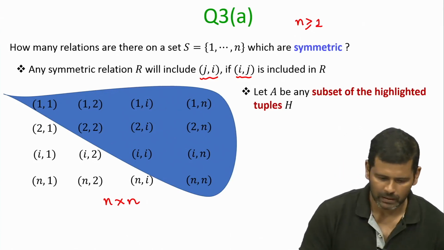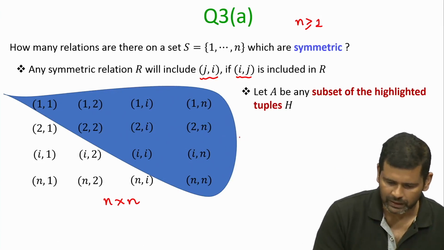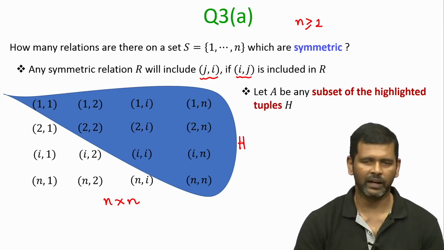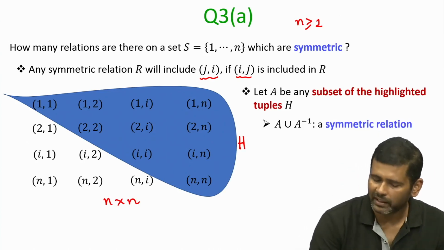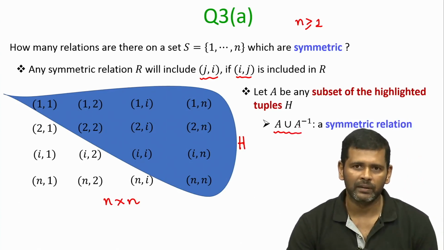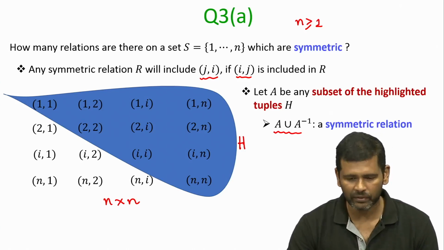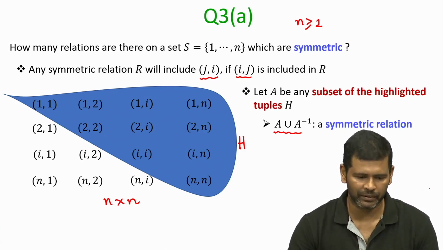The highlighted tuples I am calling H, and any subset of that I am calling A. My claim is that if you take the union of the ordered pairs in the subset A and the ordered pairs in A inverse, then the collection of these ordered pairs will give you a symmetric relation.